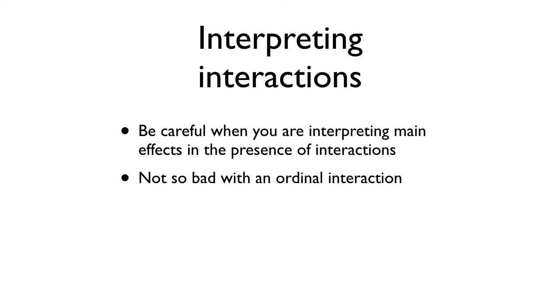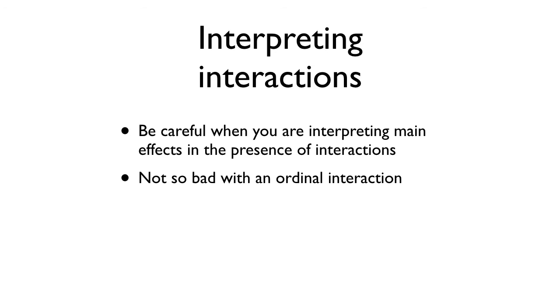So let's say we had an experiment like this, we got a result like this. So it's A1, A2, we have the dependent variable here, and so B1, and there's B2.